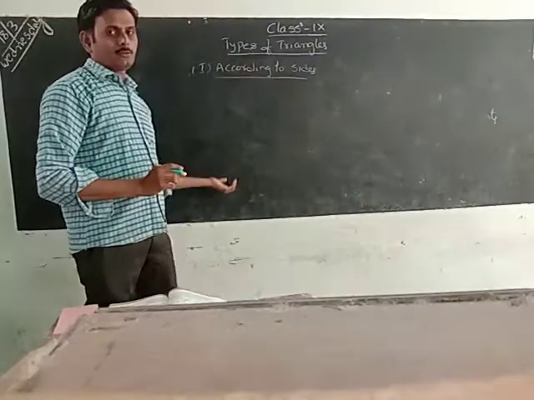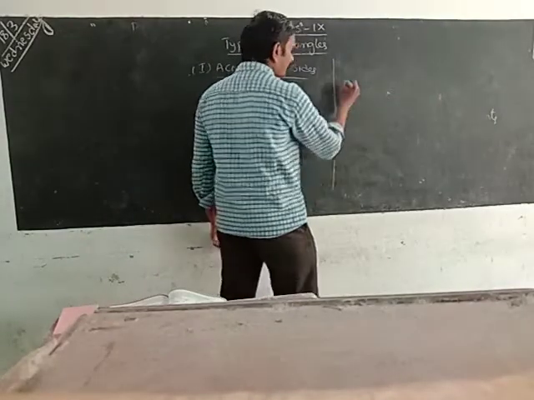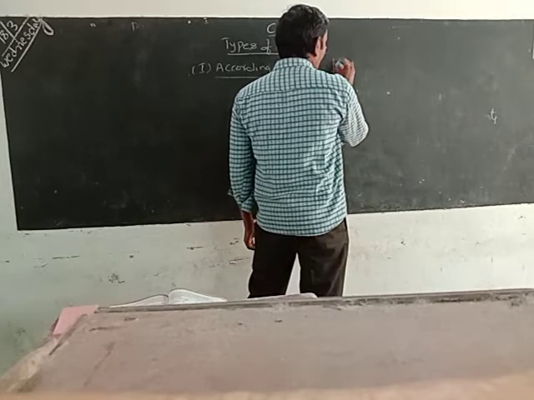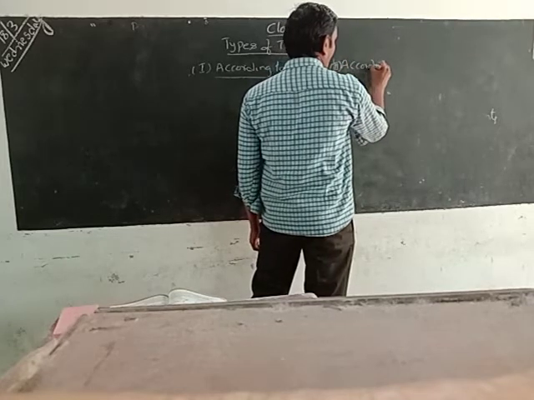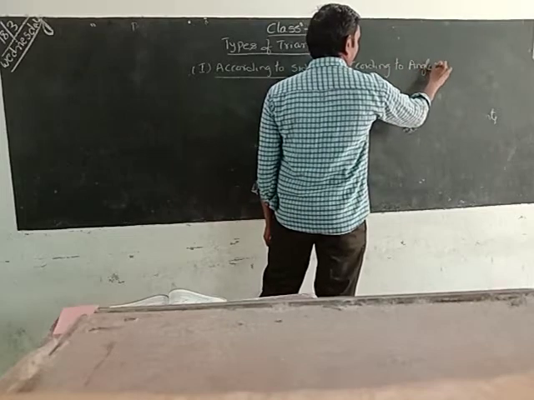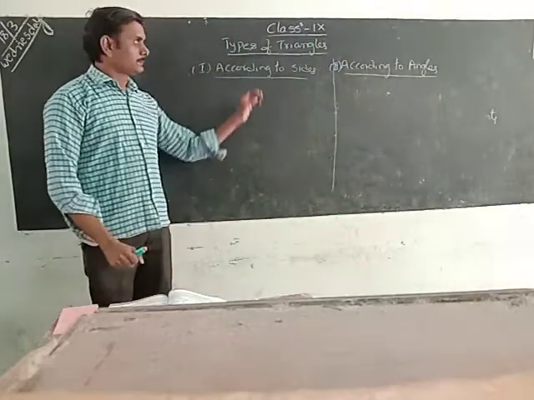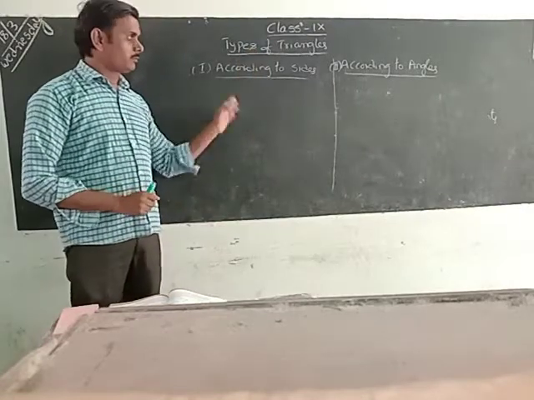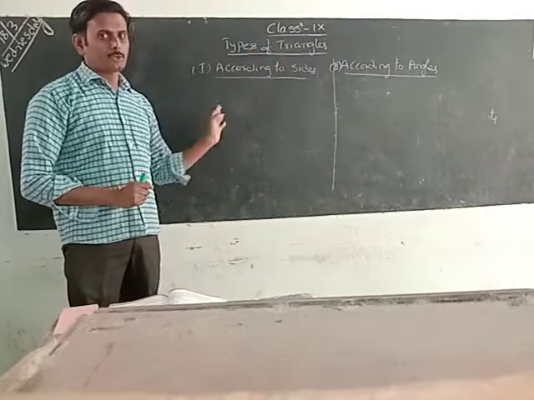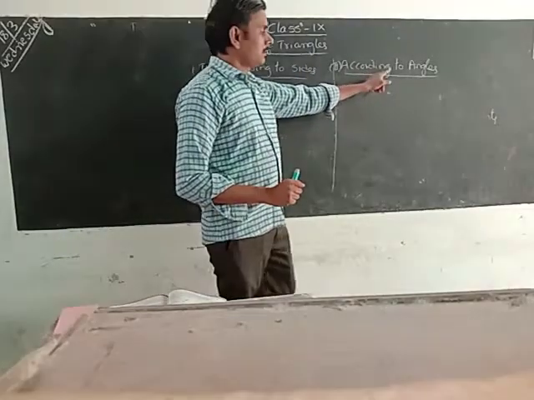According to sides we have some triangles here. The second model is according to angles. Basically, types of triangles are differentiated into two groups, two models: according to sides, one model, and according to angles.